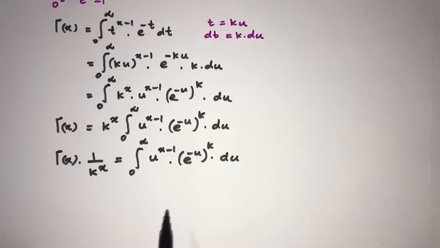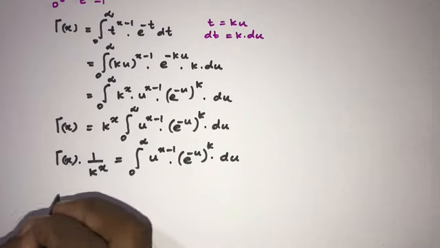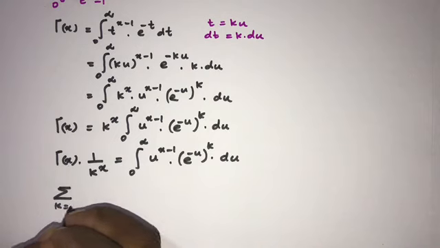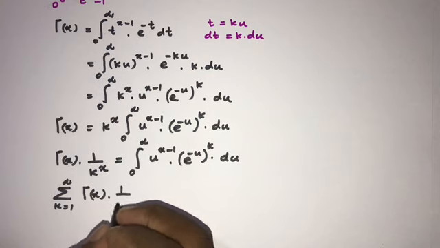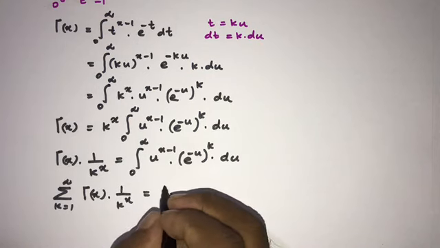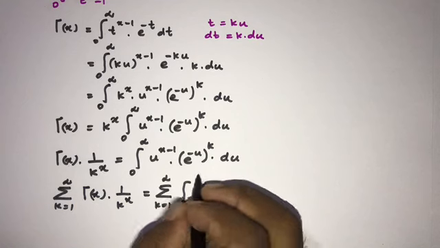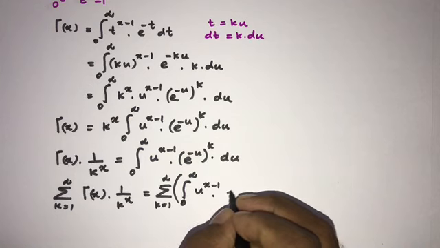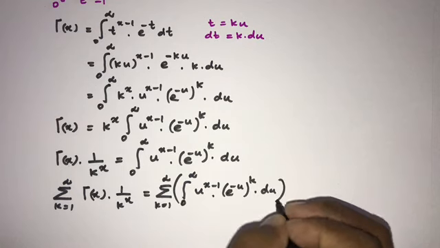Okay, then now we can take the infinite sum on both sides because I am going to take the zeta function. So if we take the infinite sum, the sum for k equal 1 to infinity of gamma of x times 1 upon k to the x is equal to the sum for k equal 1 to infinity of the integral from 0 to infinity of u to the x minus 1 times e to the minus u to the k power du.